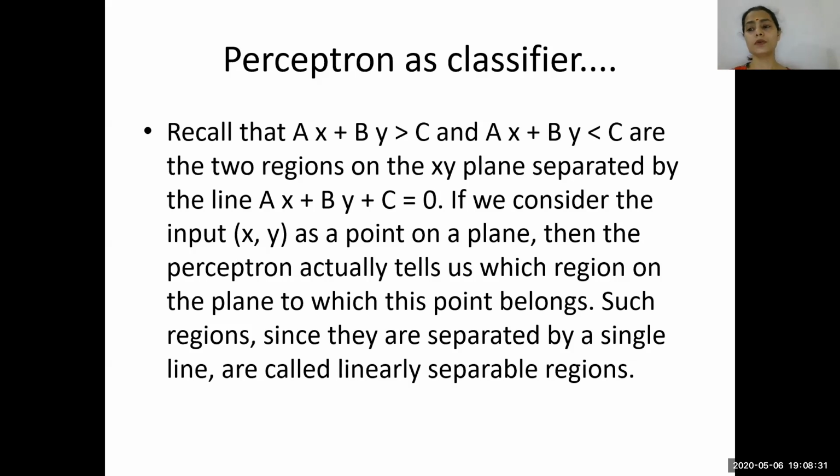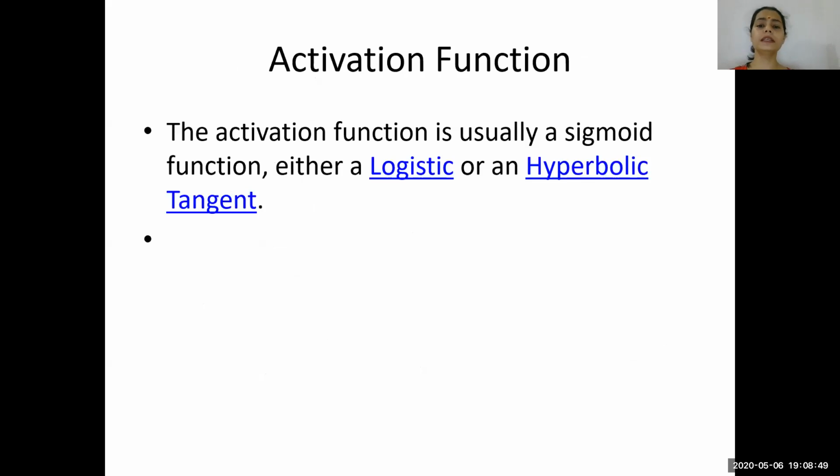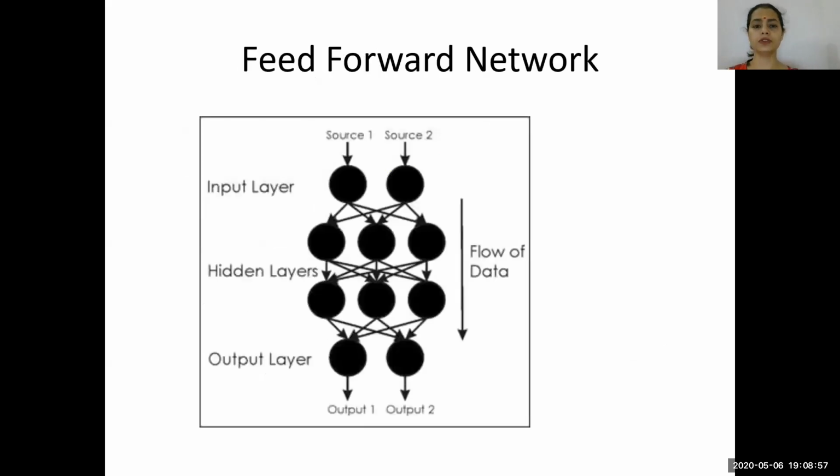When the two classes are not linearly separable, that is, the data points are located in the plane such that there is no single straight line that can separate the data points into two classes, the perceptron model is not going to be efficient. As mentioned, the activation functions usually are going to be the sigmoid function, either the logistic or the hyperbolic tangent function.